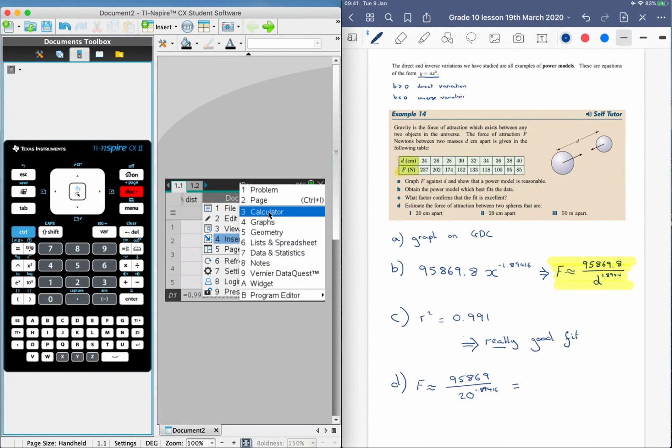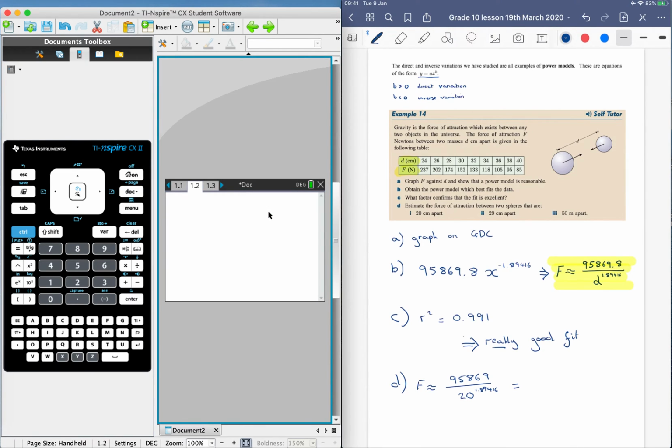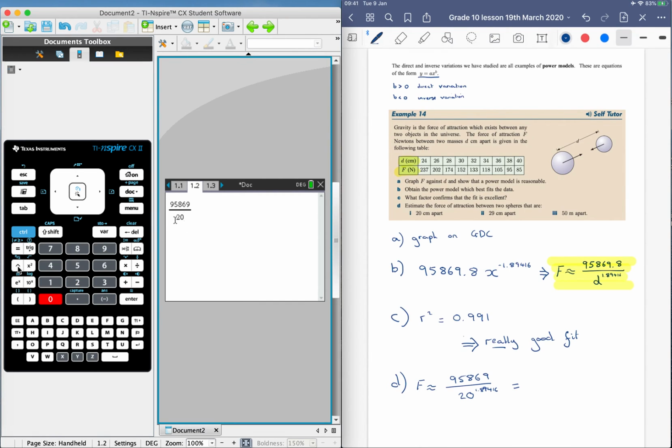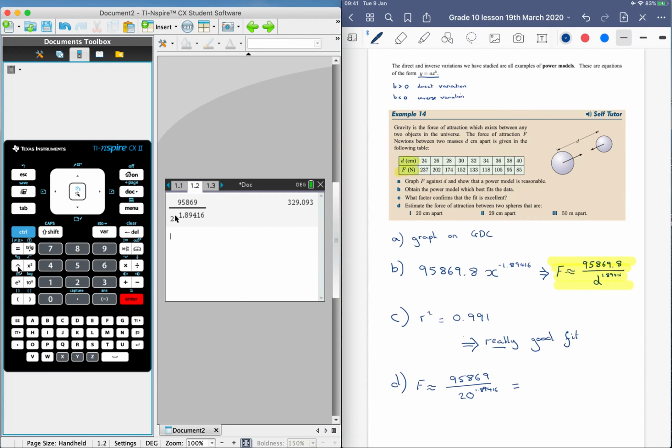I have to do this, I'll insert a calculator, and we're dealing with, let's set up the fraction, sometimes easier to see it that way, 95869 over 20 to the power of 1.89416, which gives us an answer of 329.